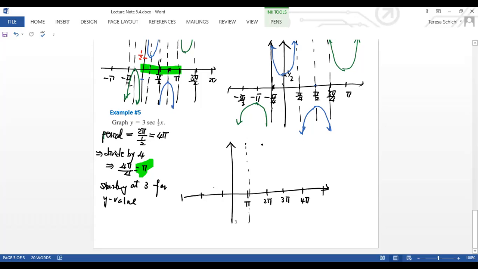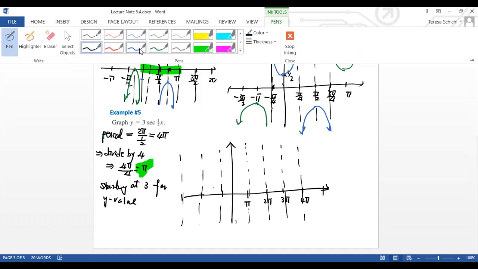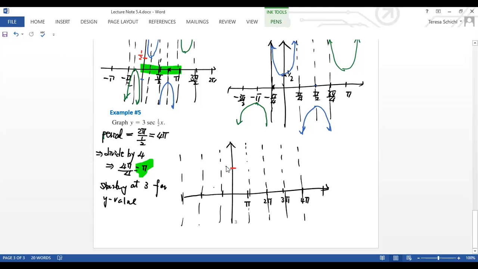For each one, I use the dotted line to represent my subintervals here. Okay, now because it's 3, I need to start at 3, and this is a -3 here.